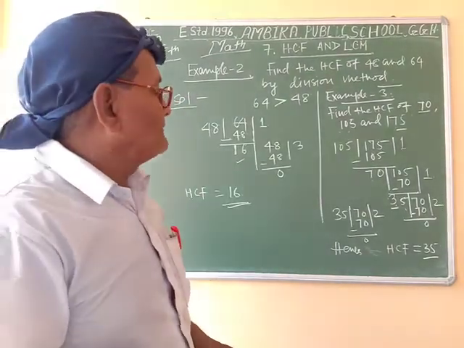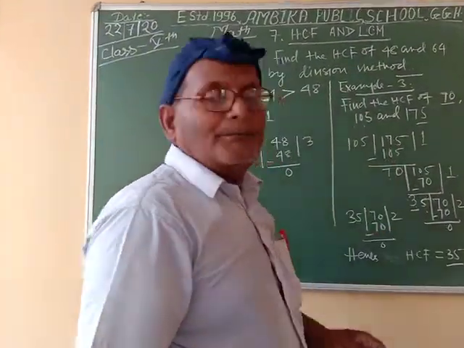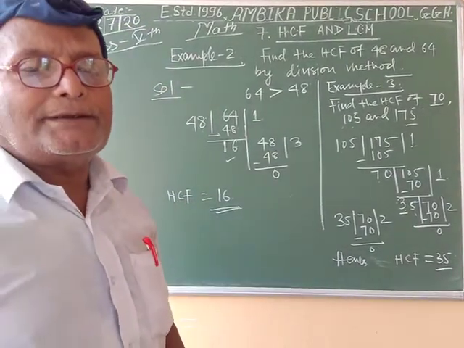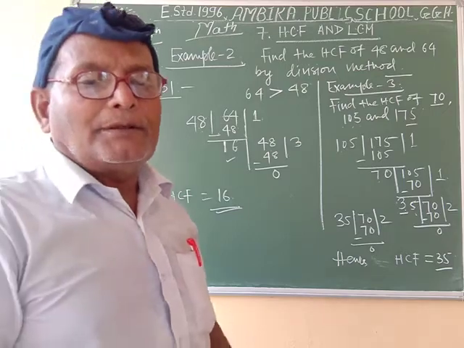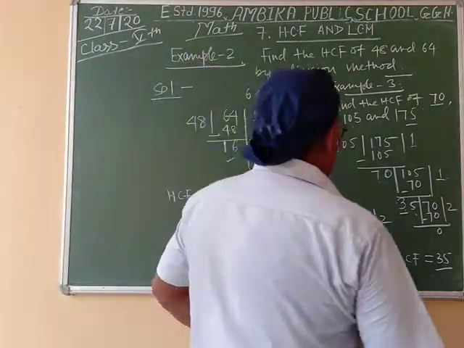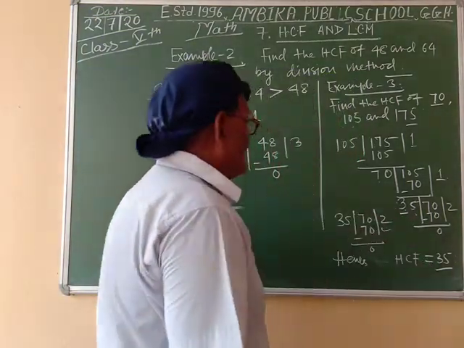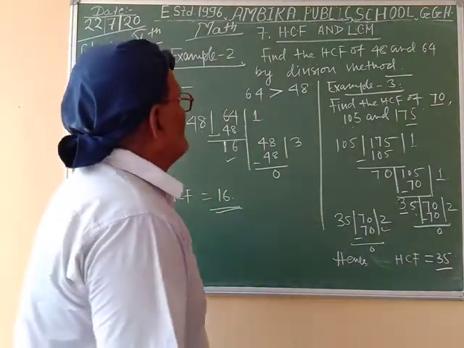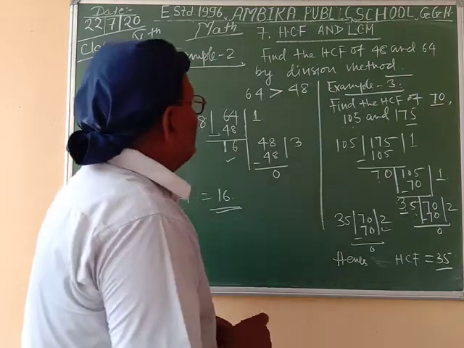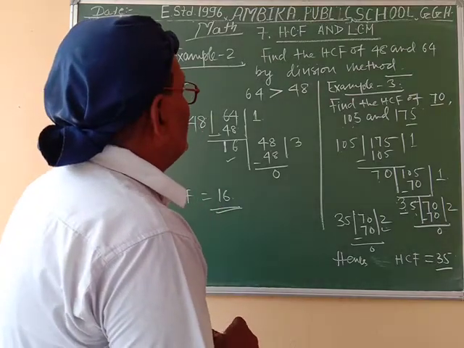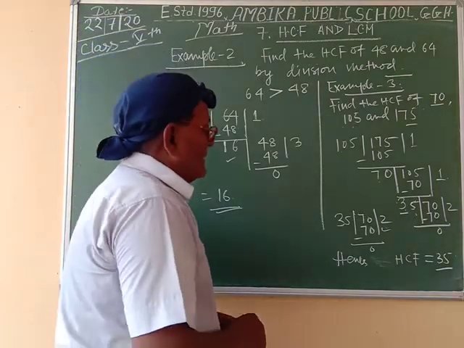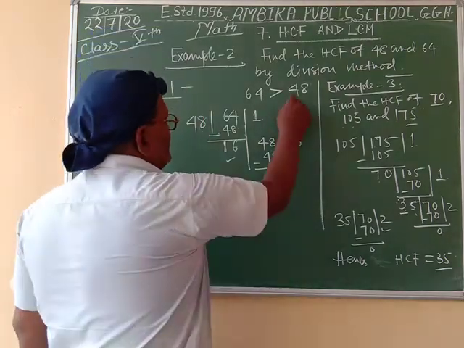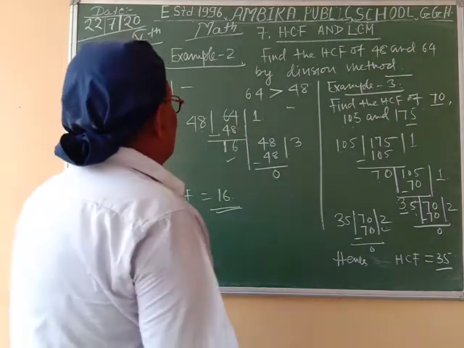Then find the HCF of the two numbers. Do you understand? The last HCF will be the required HCF of the three numbers. So by the division method, we can find the HCF of more than two numbers and also of only two numbers.